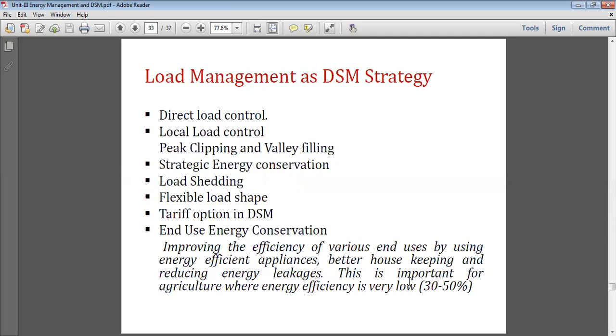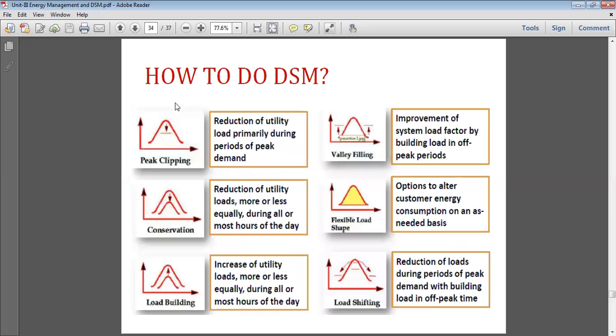All these can be carried out by the consumer itself. We also studied this PPT, the symbolic representation of peak clipping, valley filling, conservation, flexible load shape, load shifting, and load building.